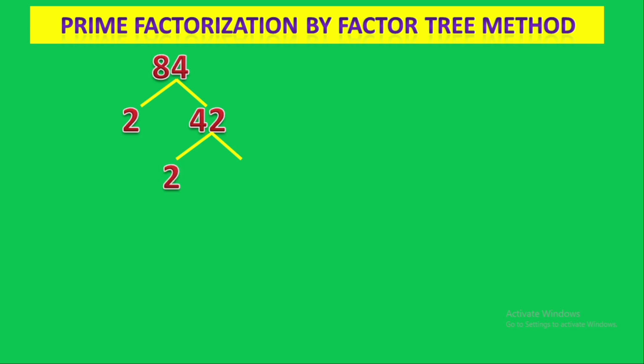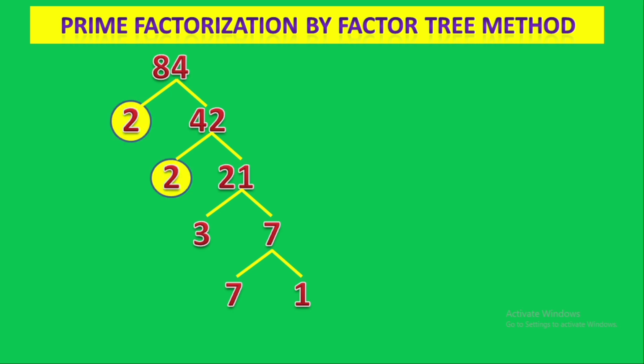We get 21. Then again 21 will be divided by 3. We get 7. And again 7 is divided by 7. We get 1. So let us circle all the prime numbers which are at the left hand side: 2, another 2, another 3, then 7.